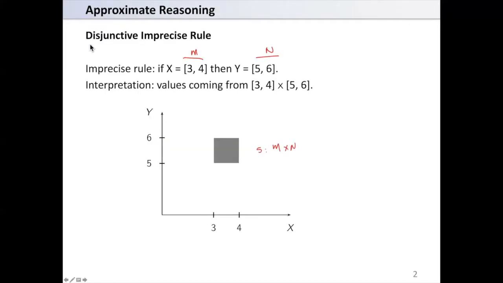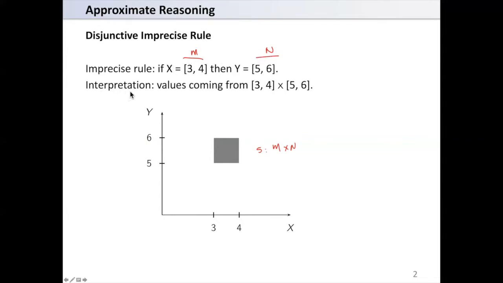If we have a disjunctive imprecise rule, then this imprecise rule may be saying that if x belongs to the interval 3, 4, which is called the interval m, then y is in the interval 5, 6. So this is saying that if x is m, then y is n.